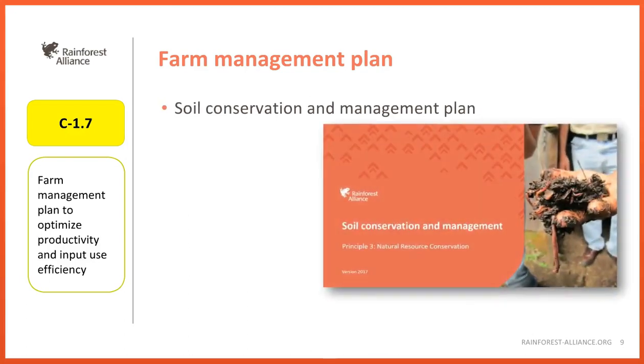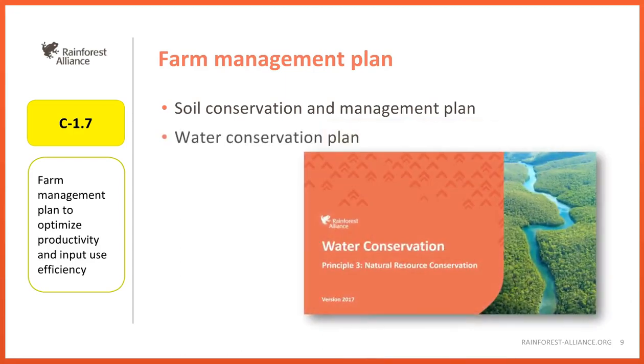Please visit Module 7, Soil Management and Conservation, to learn how you can improve the soil and optimize the use of fertilizers. Your plans for efficient water use can be written into a water conservation plan. Please visit Module 8, Water Conservation, to get different ideas on efficient use of water.